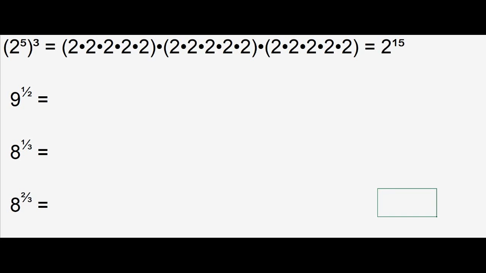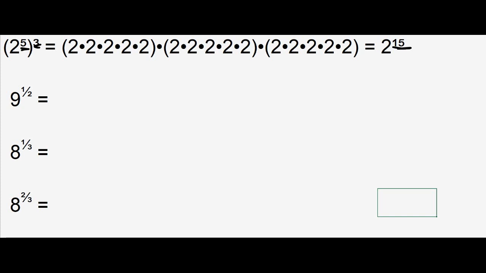I'm raising that to the 3rd power. So I have 5 2's multiplied together. I want to take that and multiply 3 of those together. I end up with 15 2's. So I actually multiply the 5 times the 3 to get the 15.